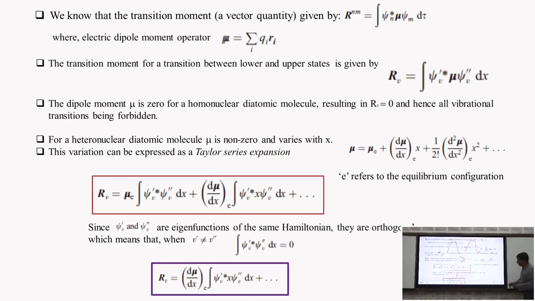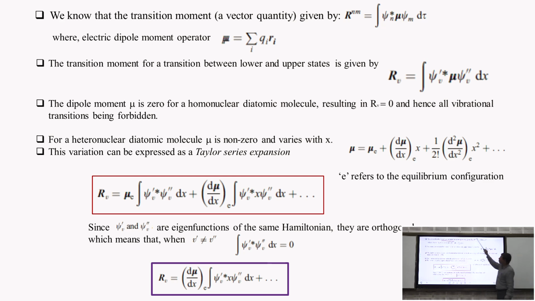Before that, I wish to tell you about the intensity. We have discussed the position, whether it will come at 2500 or something. Now let us talk about the intensity part; only one or two slides are there. Intensity is given by the transition moment vector.